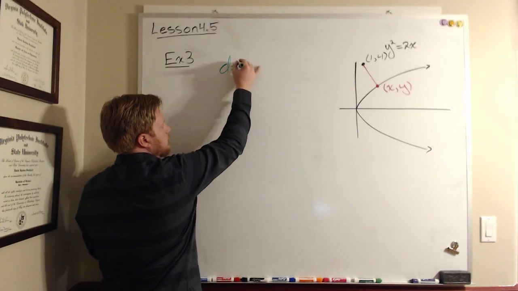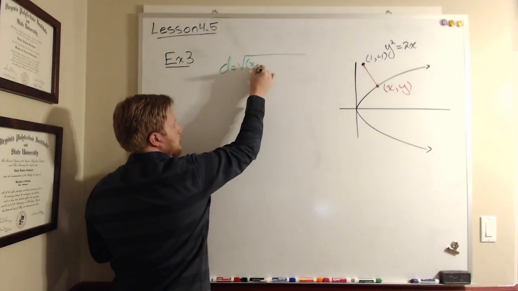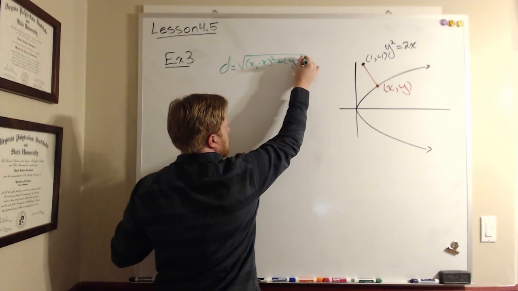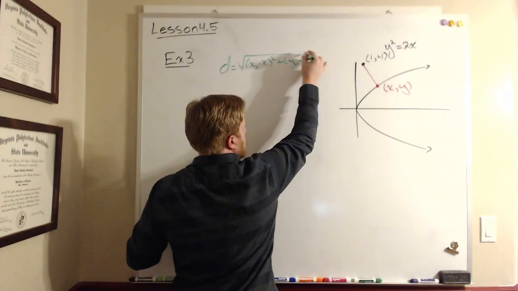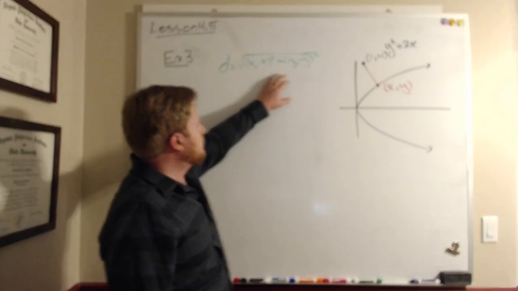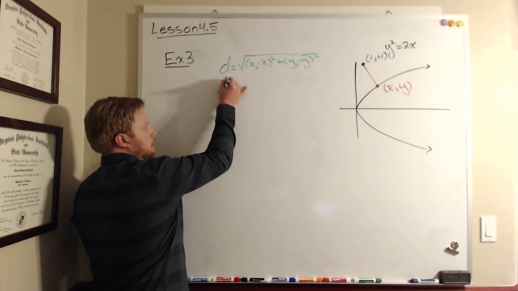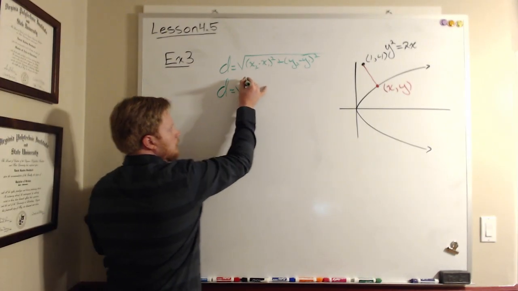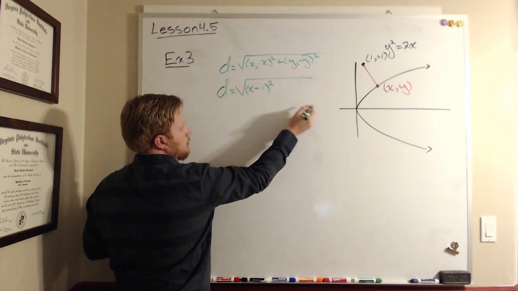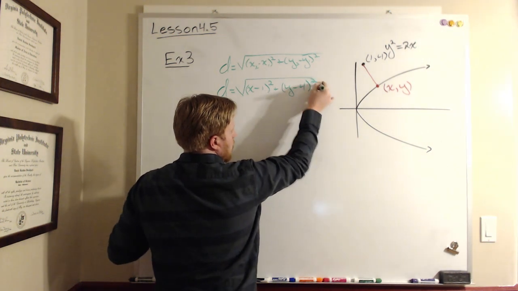And distance is the square root of the difference in the x's squared, plus the difference in the y's squared. And so this is the distance between these 2 points. So we're going to have the distance is the square root of x minus 1 squared plus y minus 4 squared.